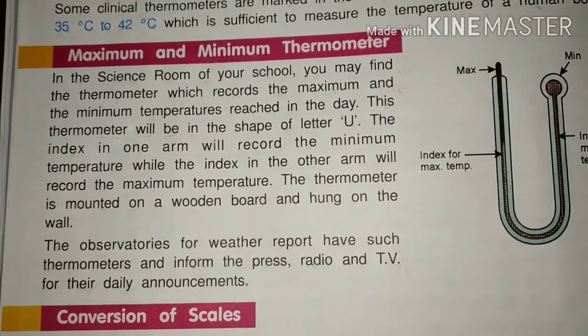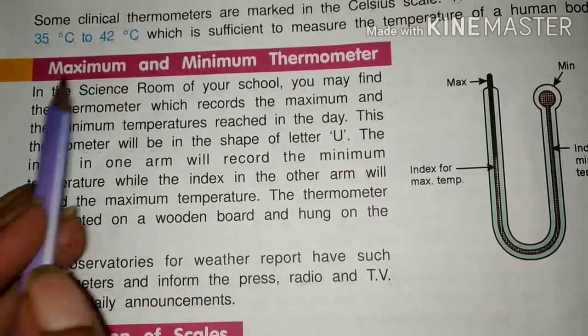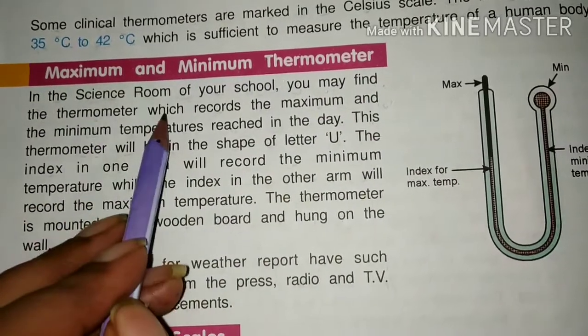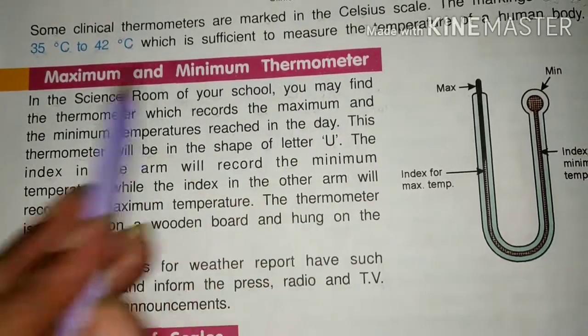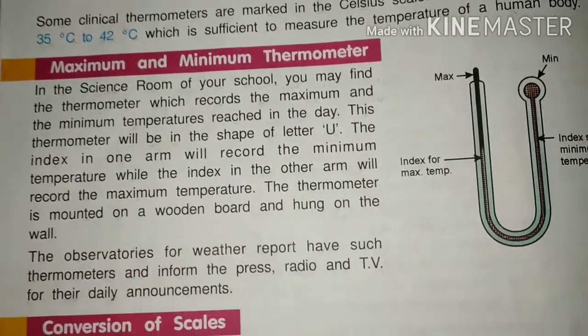Students, now we will study maximum and minimum thermometer. In the science room of your school, you may find the thermometer which records the maximum and the minimum temperatures reached in the day.